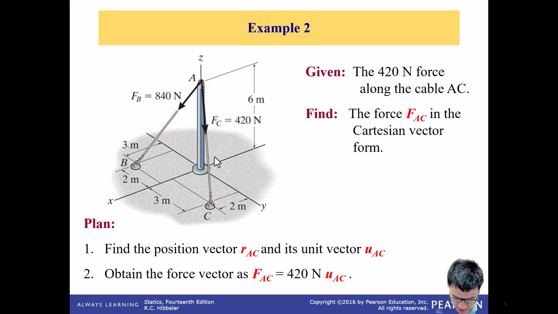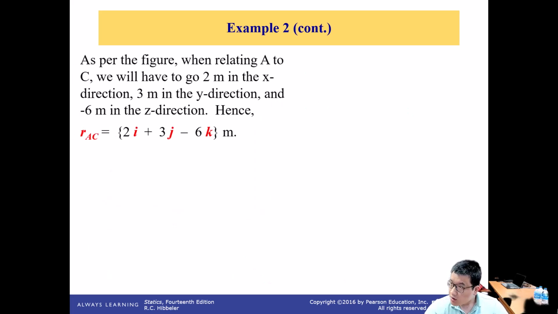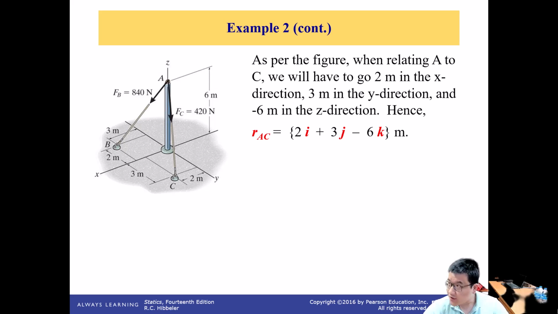So the problem becomes, how could we find the unit vector UAC? As shown in this figure, going from A to C, we go 2 meters in the x direction, 3 meters in the y direction, and minus 6 meters in the z direction. So RAC becomes 2i plus 3j minus 6k, because we need to go minus 6 meters in the z direction.